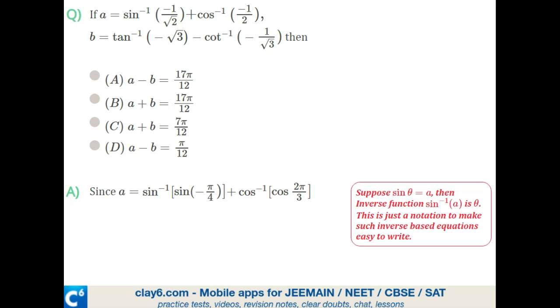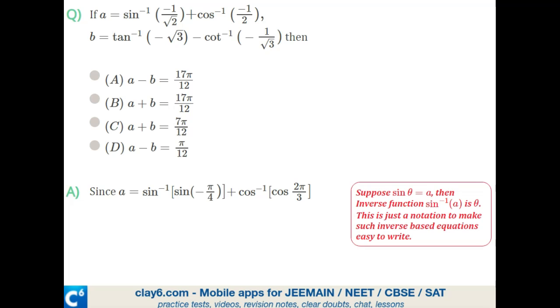So how do we approach such problems? Especially if it is just sine inverse of a real number. If they had given sine inverse of x and cos inverse of y, then there is some algebra and more complicated things have to be done. But here, usually in such multiple choice questions, they do give you a specific value.